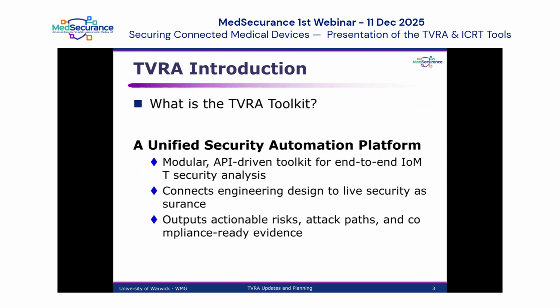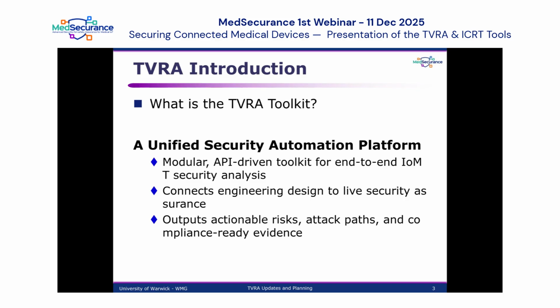So what is TVRA? Actually, it is a unified security automation platform, which is a modular-driven API toolkit to provide end-to-end IoMT security analysis, and it connects the engineering design to live security assurance.